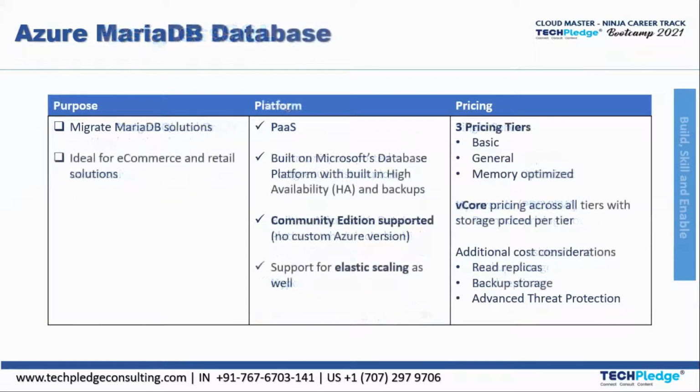The same goes with MariaDB server. It is also a PaaS service that we have, and it is really used in e-commerce and retail solutions. Per se, if I am someone who was thinking, okay, let me run an e-commerce business and I want to work over Amazon, just like if I open the Amazon website, Amazon being such a big platform, how does it really store the data?